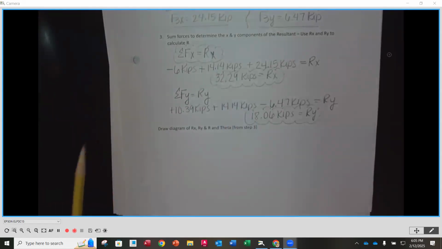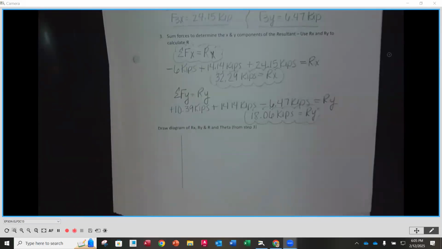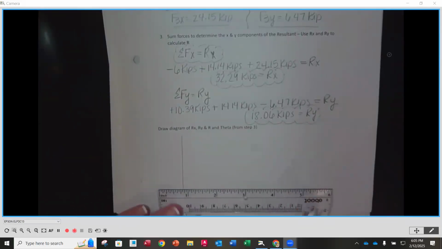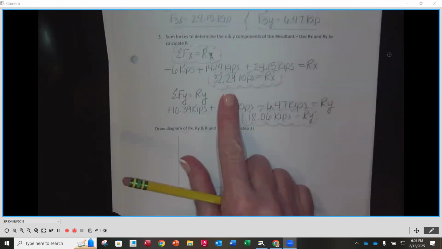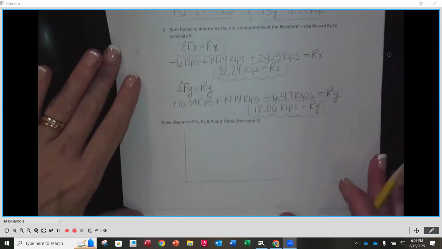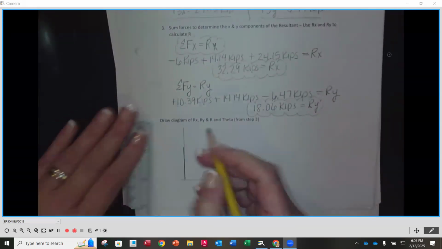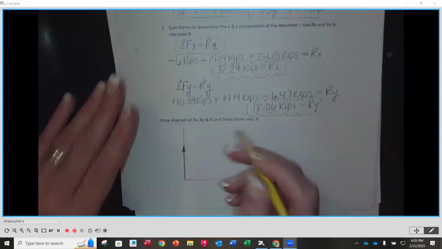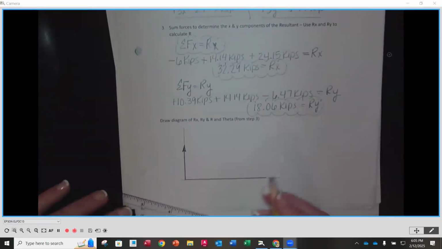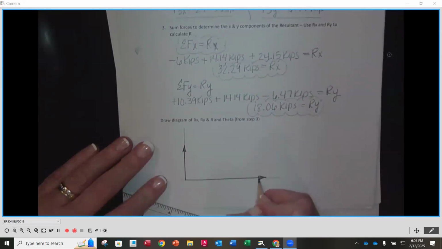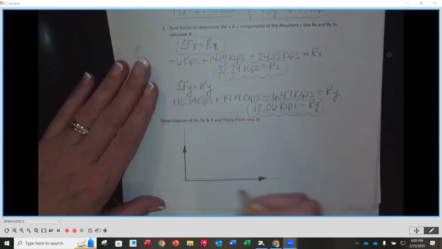So that means we're going to be in the first quadrant. So I'm going to draw a Y and an X.